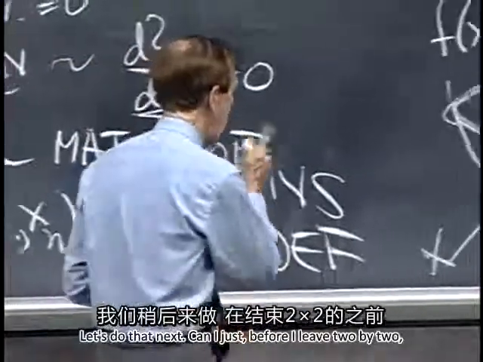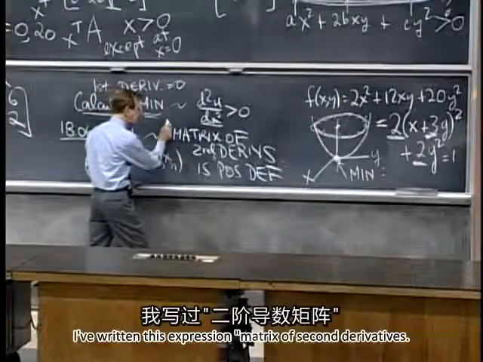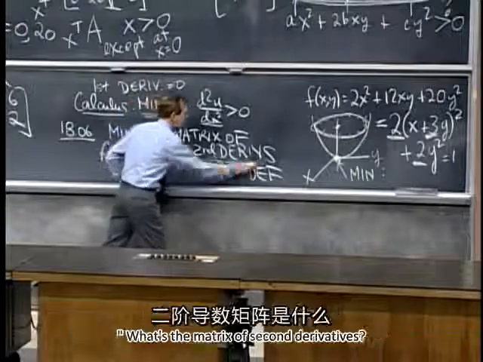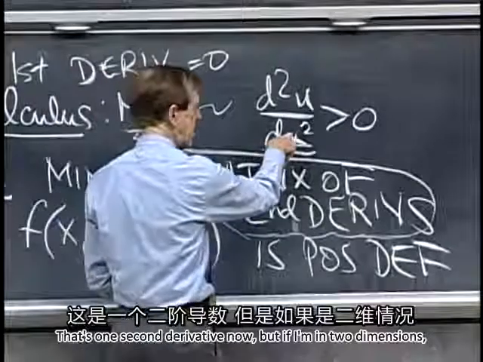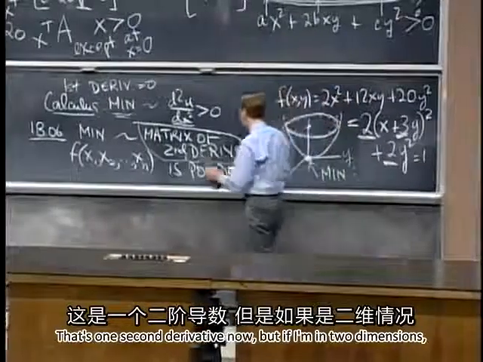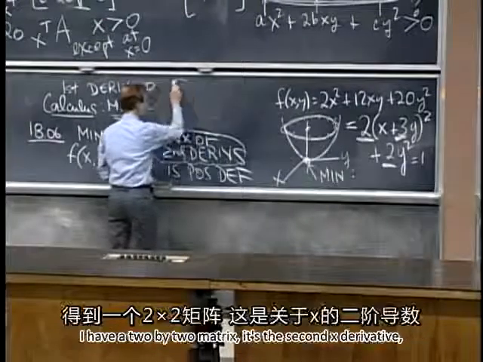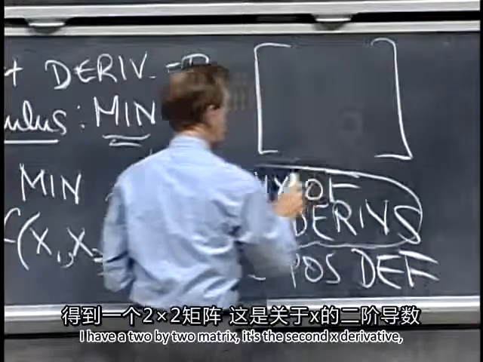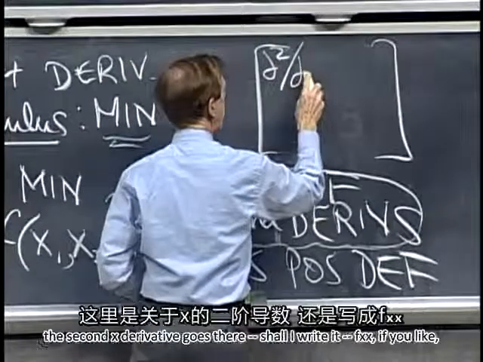Can I just, before I leave 2 by 2, I've written this expression, matrix of second derivatives. What's the matrix of second derivatives? That's one second derivative now. But if I'm in 2 dimensions, I have a 2 by 2 matrix. It's the second x derivative.